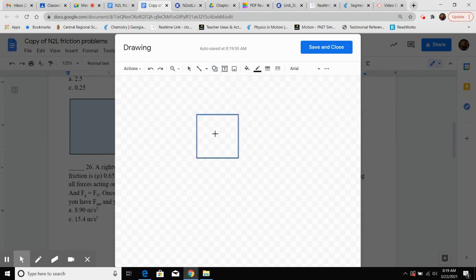A circle as best as I can. Now I'm just going to select over here where it says line. If I go to the little drop down, there's arrow. I'm just going to draw 4 arrows real quick.